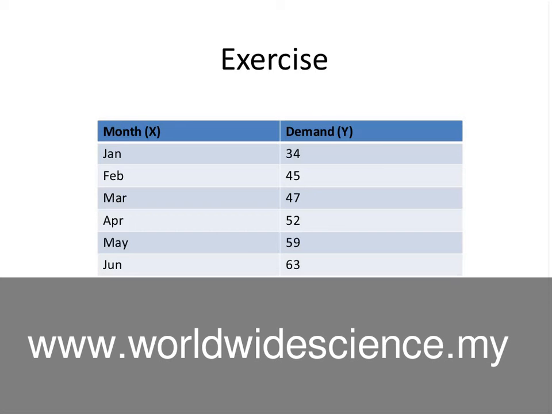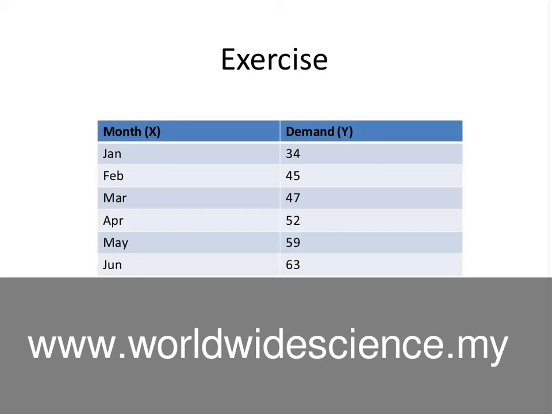June has finished, and the company has January, February, March, April, May, June, because it has finished, and the company knows about the demand of these months. By using these months and these demands, they are able to calculate A and B for this formula. X and Y, X is month and Y is demand.